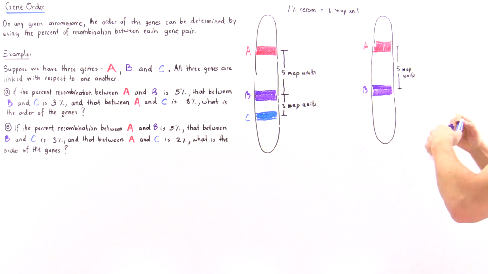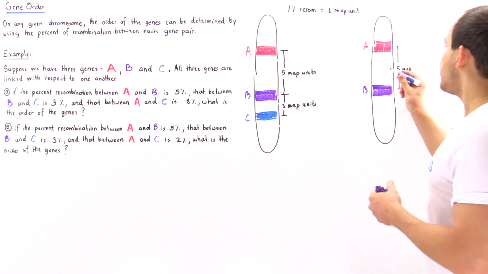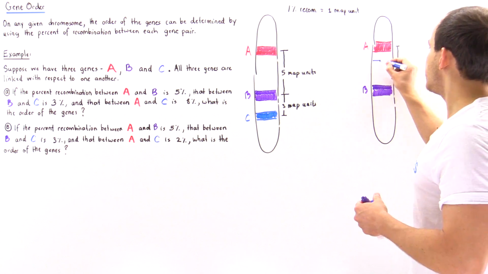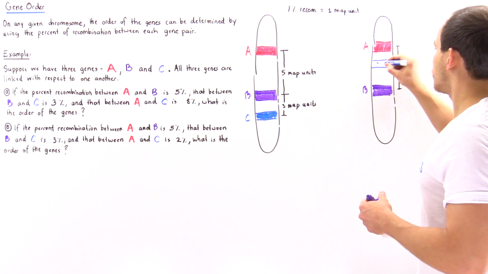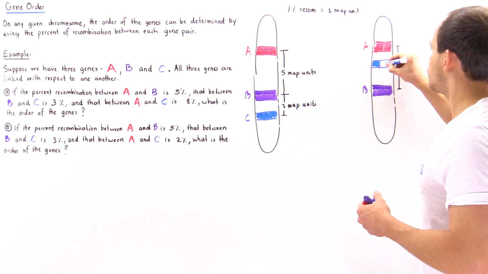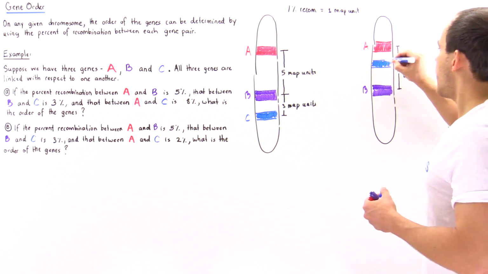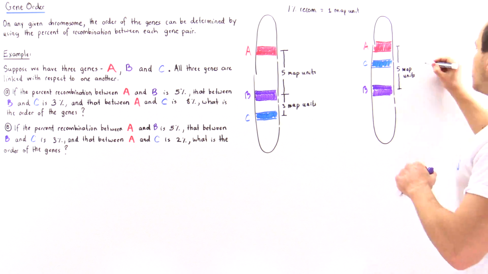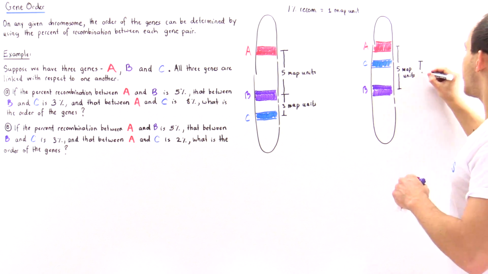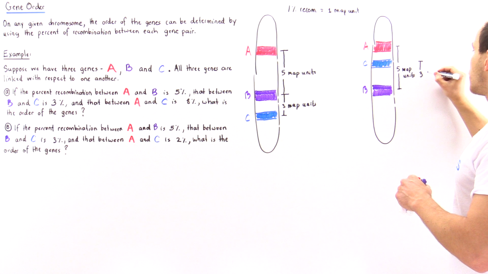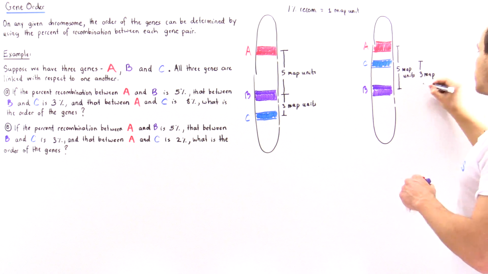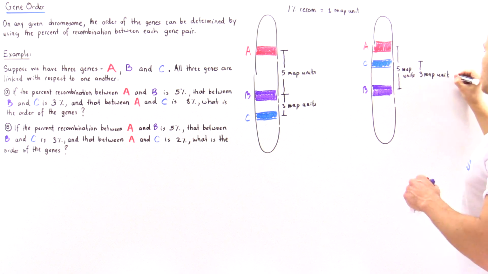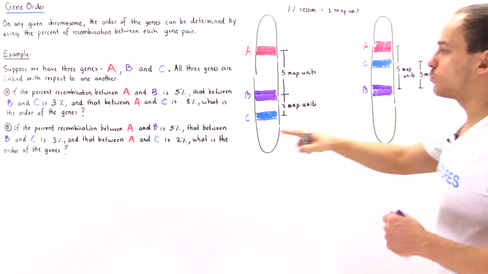If we place gene C 3 units above B, that's going to be somewhere right over here. So this is our gene C. That works out mathematically because the distance between B and C is 3 map units, and that's exactly what we want.